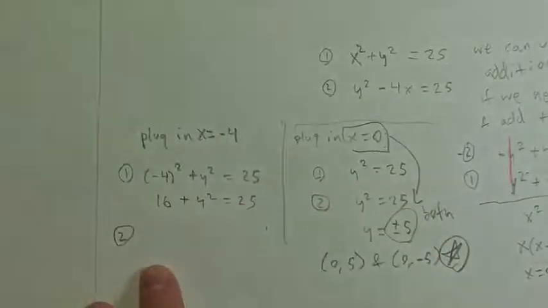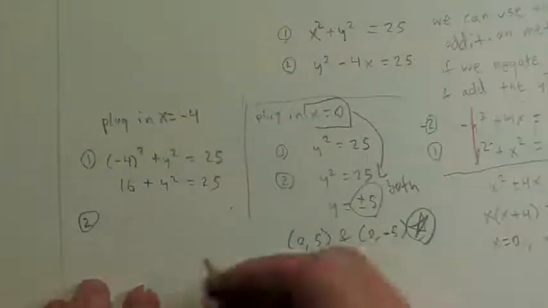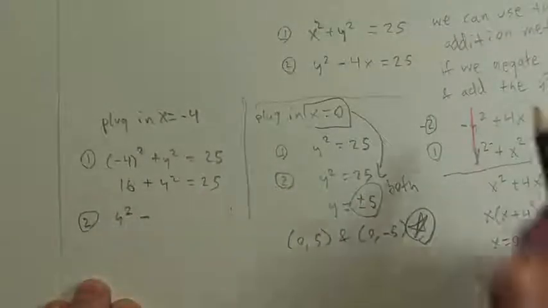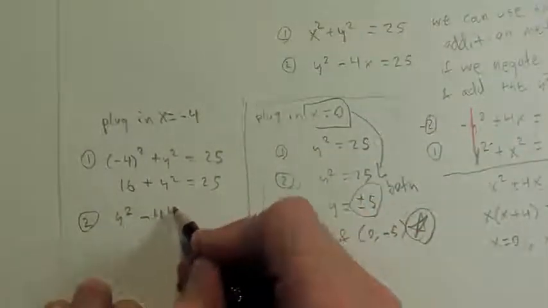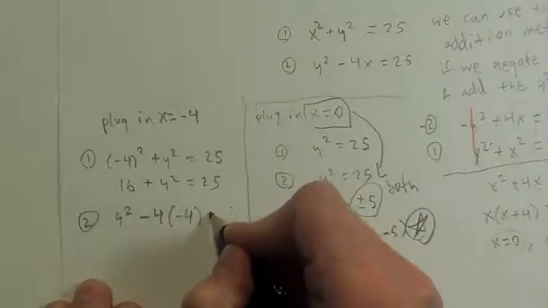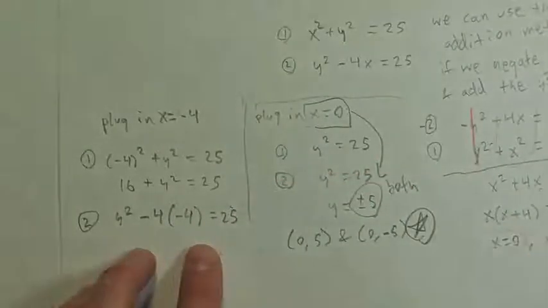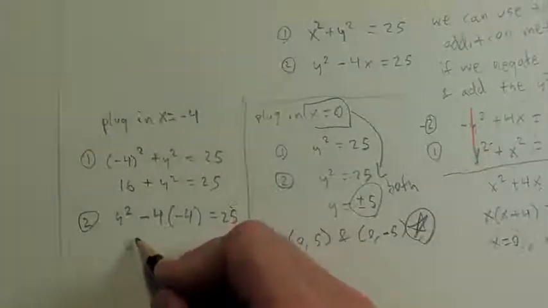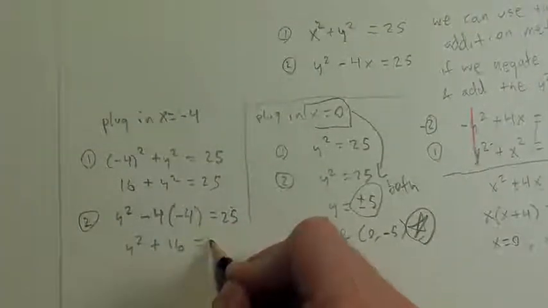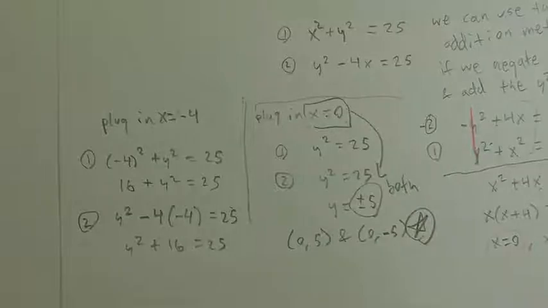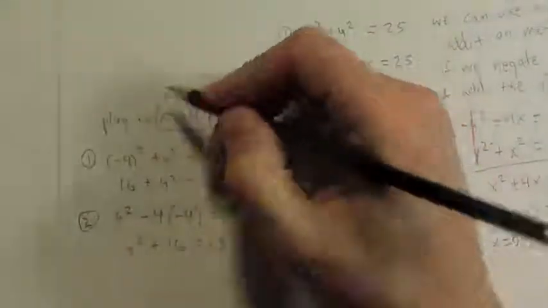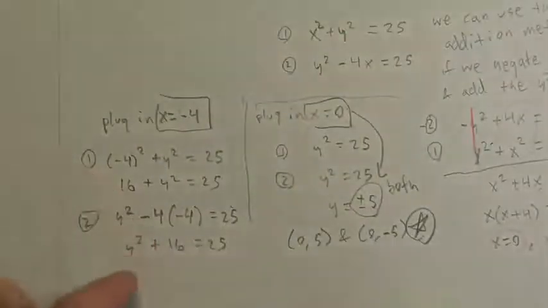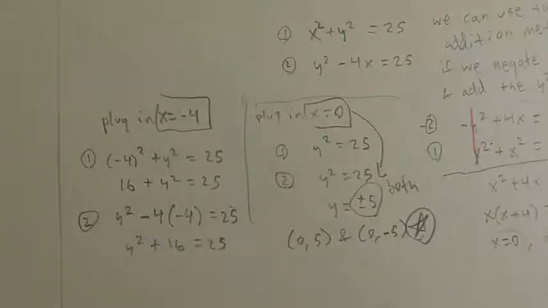When we plug it into equation 2, well, equation 2 is y squared minus 4 times x, and x is negative 4, equals 25. And look at what happens now. We get y squared plus 16 is equal to 25. So in both cases, it really doesn't matter which one you plug it into. You just need to make sure you do both at negative 4 and 0, but you'll get the same thing out. You'll get 16 plus y squared is equal to 25.